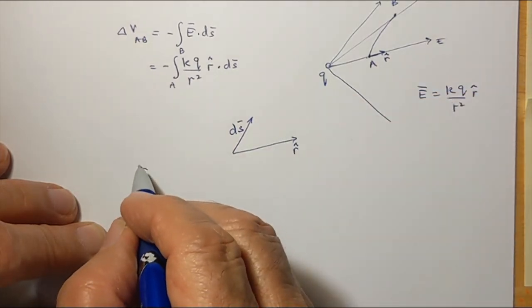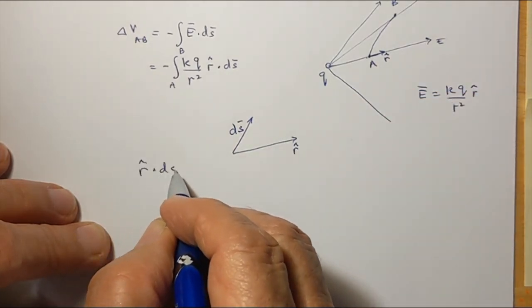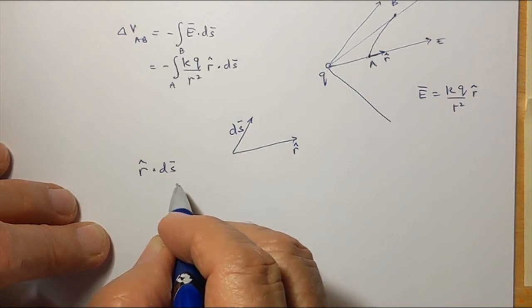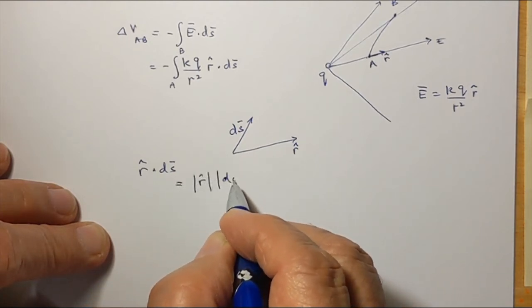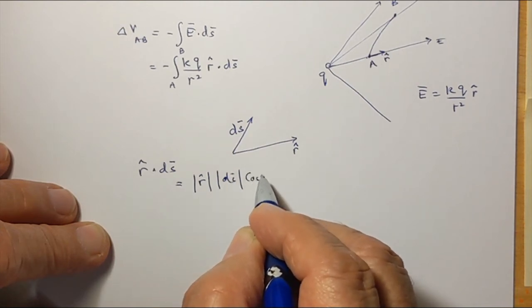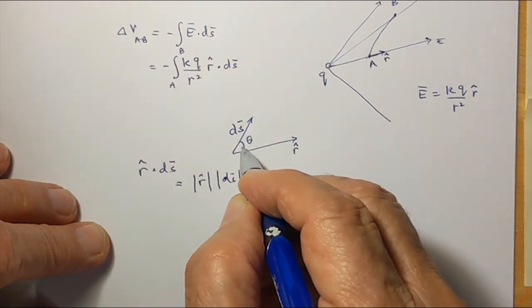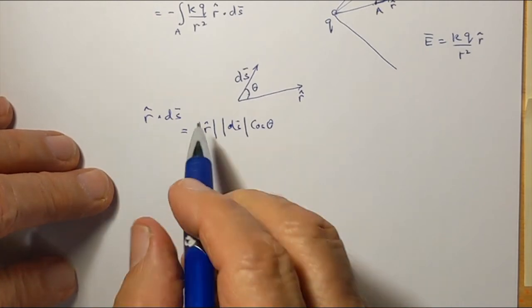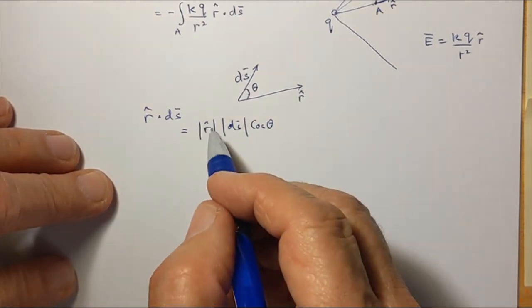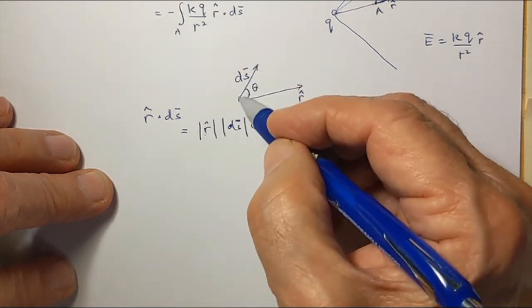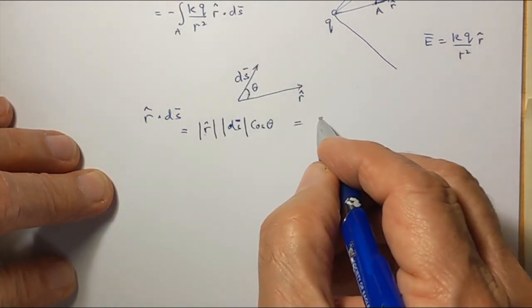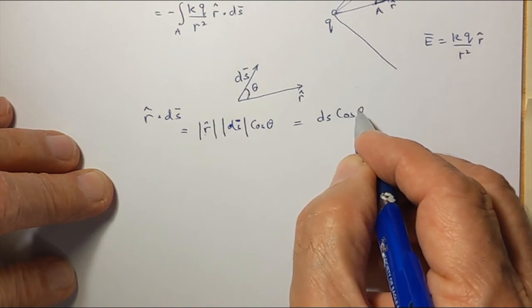Then r dot ds is going to be the magnitude of r times the magnitude of ds and the cosine of the angle between them. Now the magnitude of the r unit vector is 1, and the magnitude of the ds vector is ds, so we write this as ds cos theta.